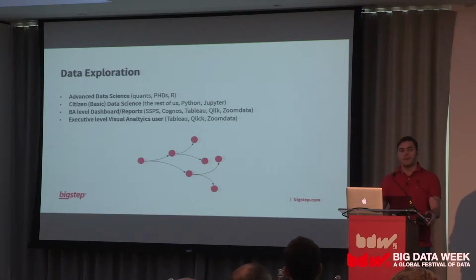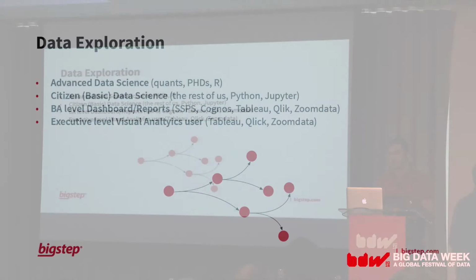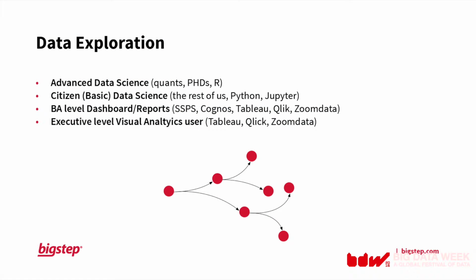Right. So data exploration. This is what I call the actual action of trying to sift through a lot of data, and it is done within organizations by many people. It's not necessarily a single group called the data explorers or the data exploration group. It's rather done in various departments by various people.